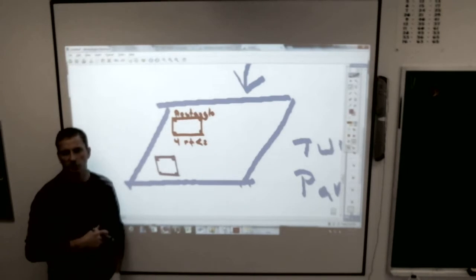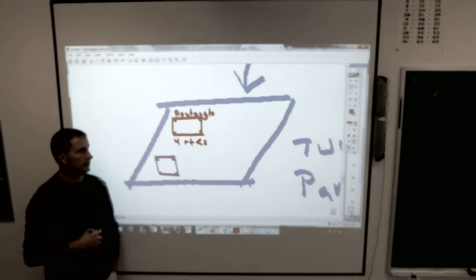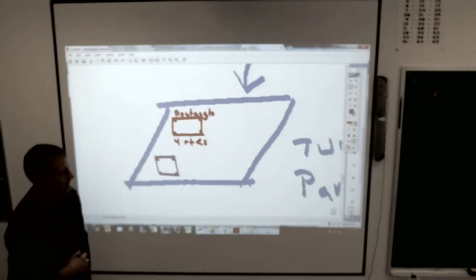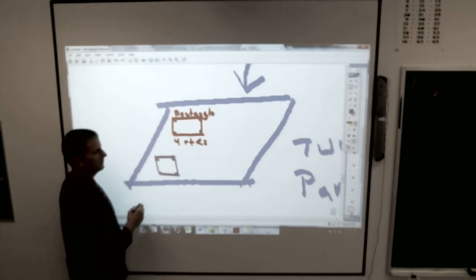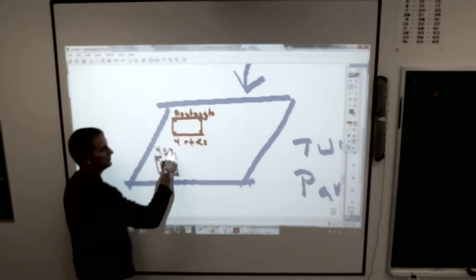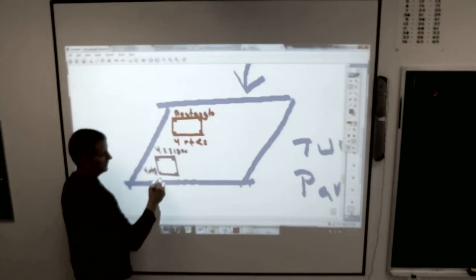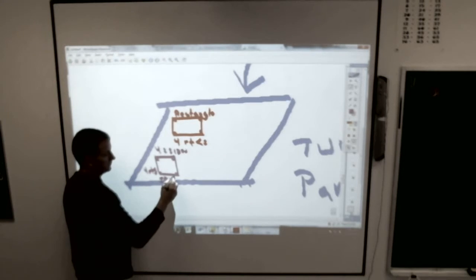Squares have to fit two different characteristics. Besides all sides being equal, Amelia, it has to have all four right angles. Yes. So a square has four equal sides and four right angles. And that is our square.